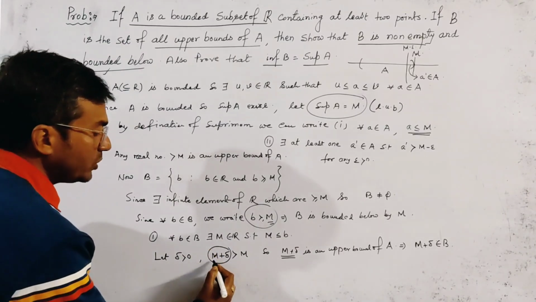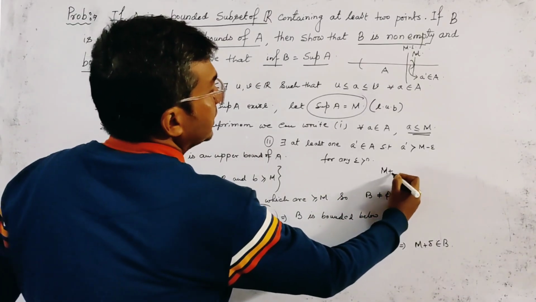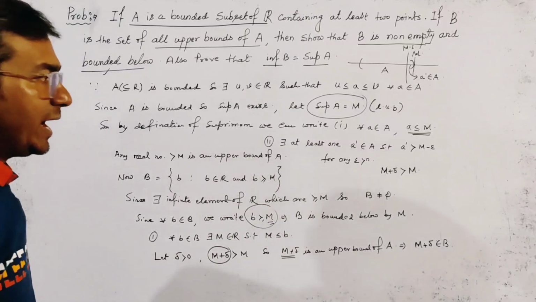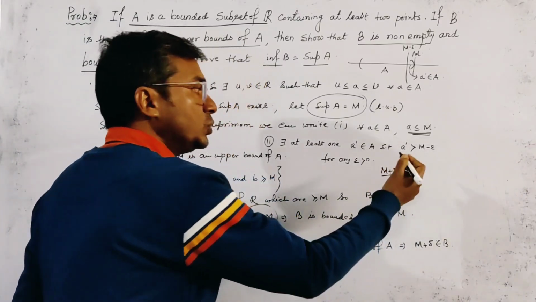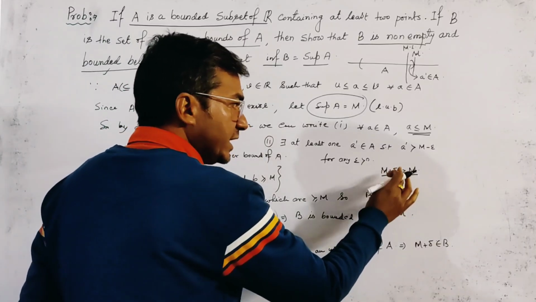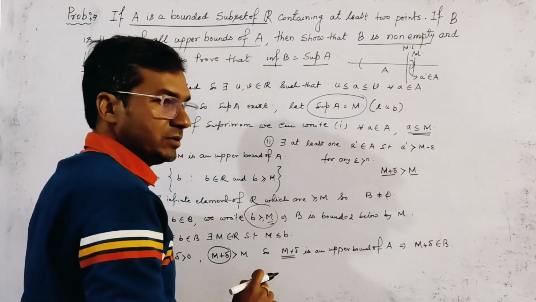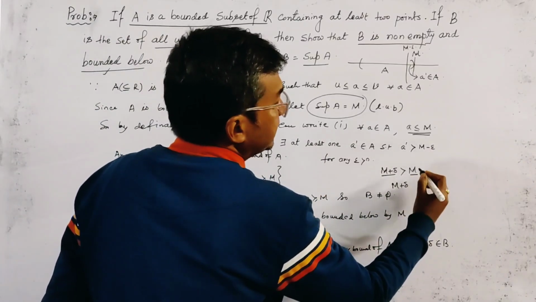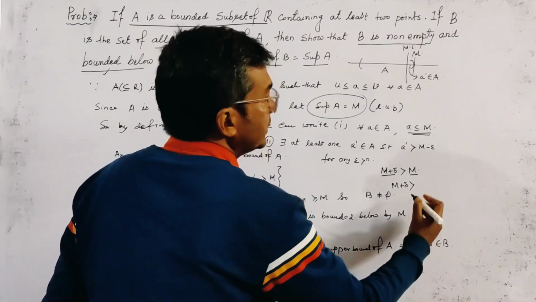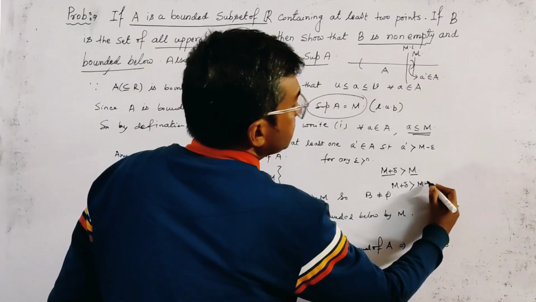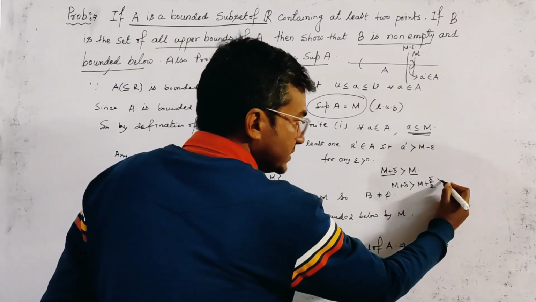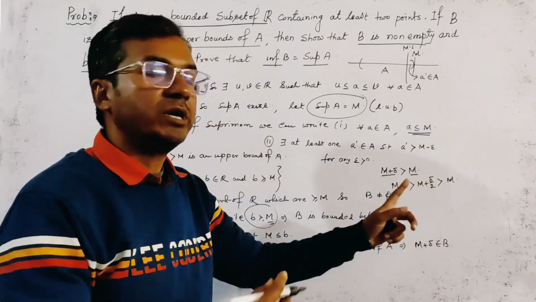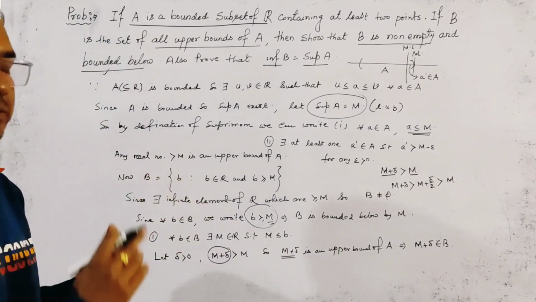And obviously here we already wrote M plus delta greater than M. Since these are two real numbers, there must exist a real number in between these two numbers, and simply we write M plus delta is greater than M plus delta by 2, and this is also greater than M. We may write this as delta by 2 or delta by 3 or delta by 5, etc. Whatever you want, right?